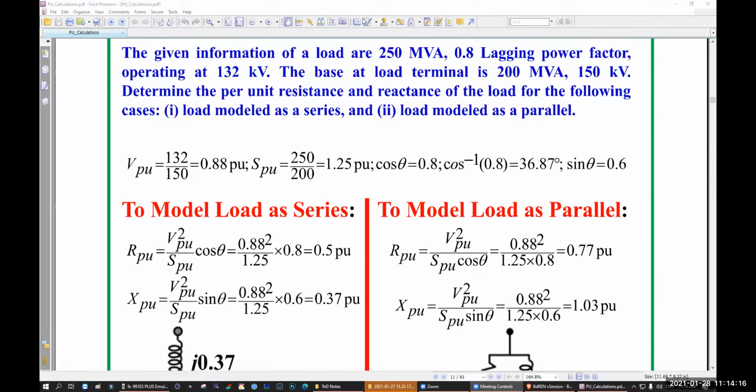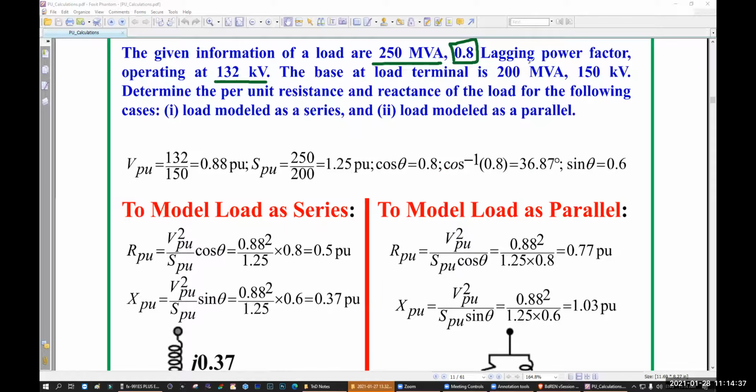Here S is given as 250 MVA and your power factor is given 0.8. That is your cos theta, remember, not sin theta. That is your cos theta. Power factor lagging, operating at 132 kV. That is your voltage, and remember, that is your actual voltage, not your base voltage.